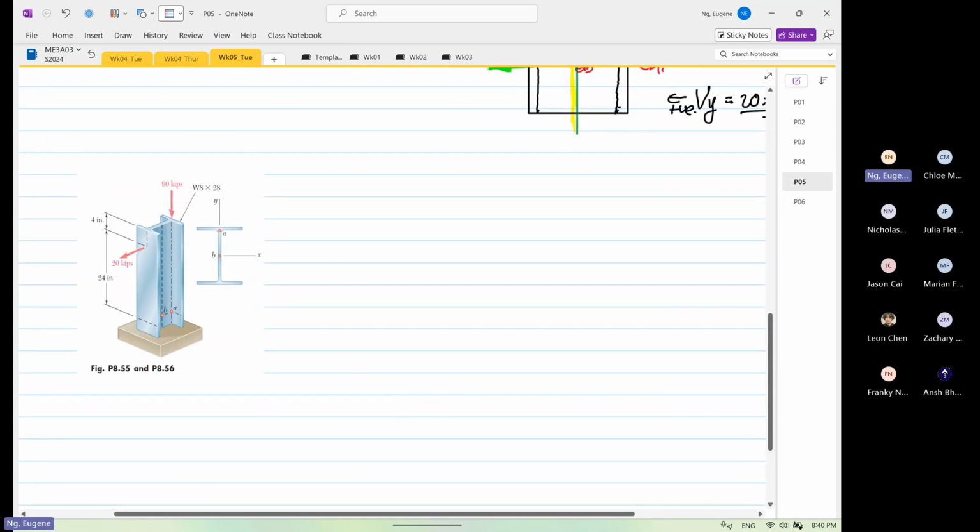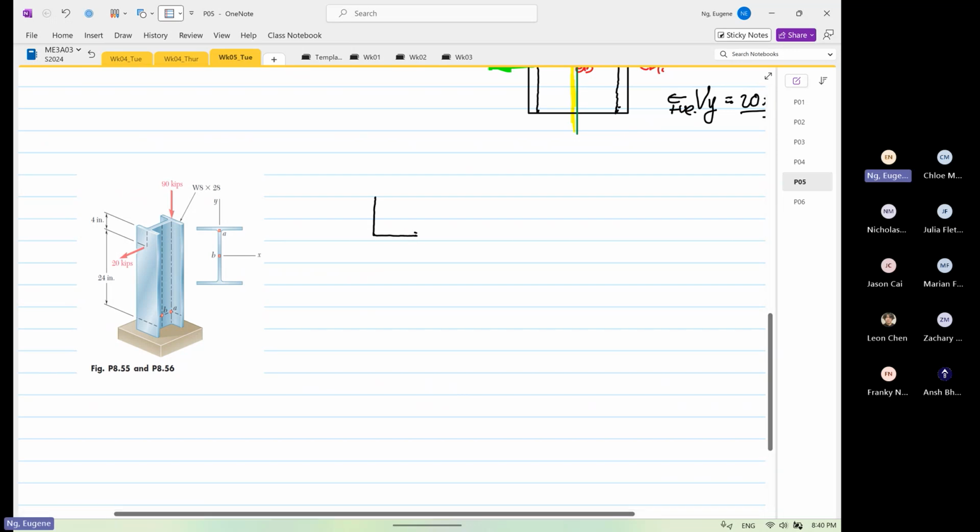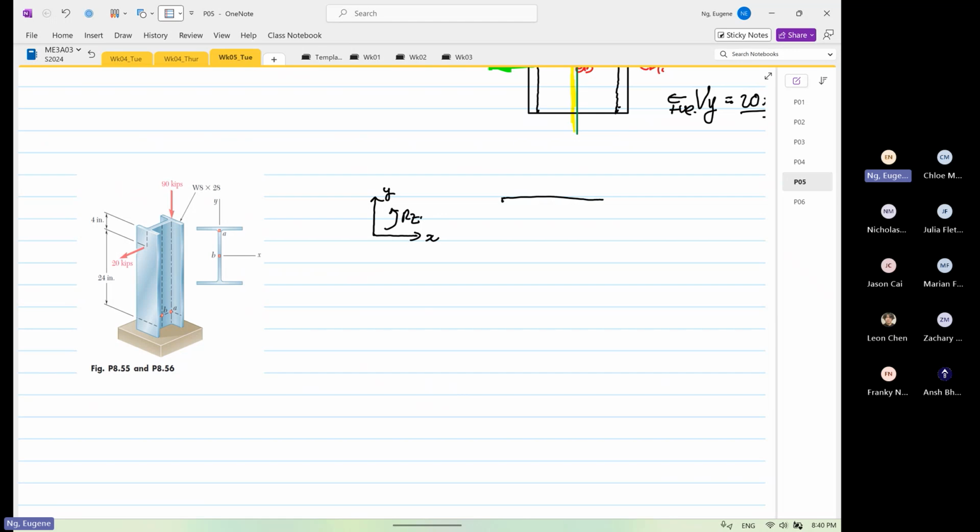So this will be our Y, and this will be our X, and this will be rotation of Z, right? So we get a view like this.